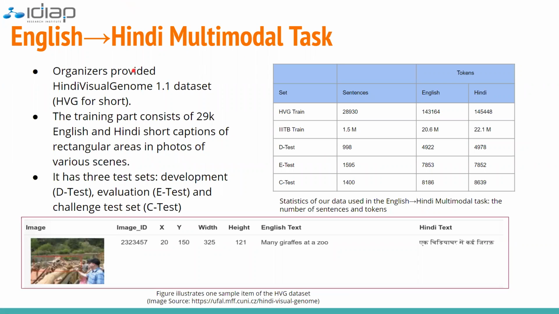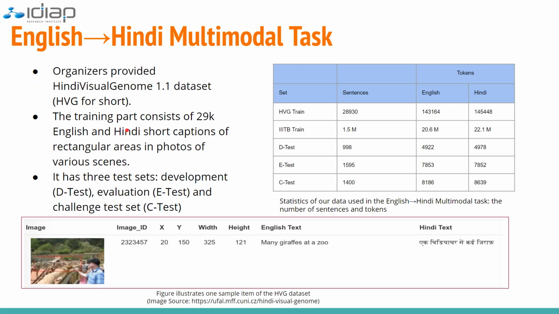So let's begin with the first task, which is about English to Hindi multimodal translation. Here the task is about translating from English to Hindi, using images as some additional resources. The task consists of 3 subtasks. First is text only translation, without using any image.